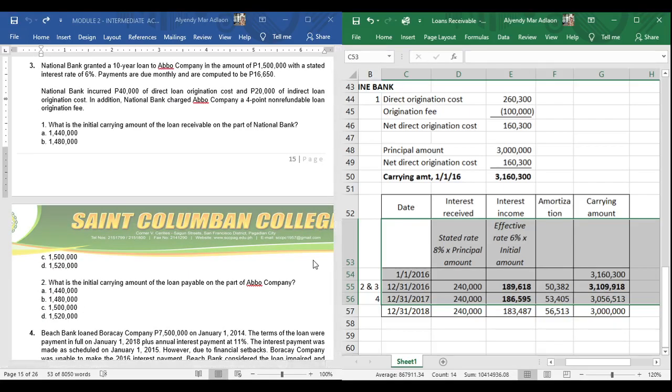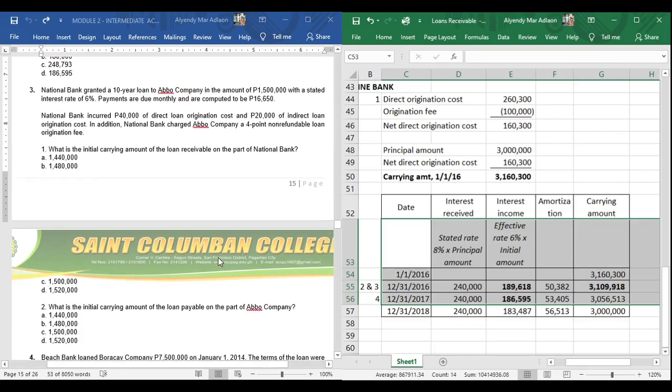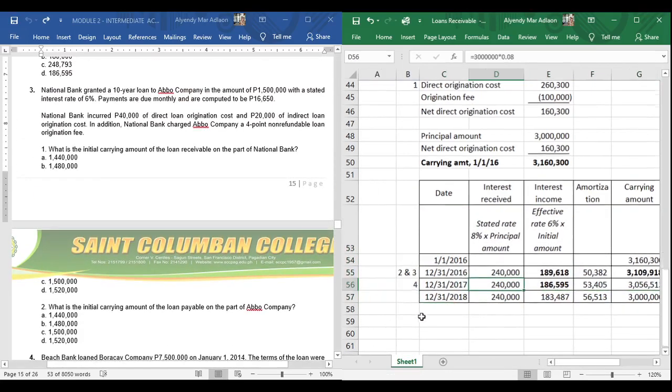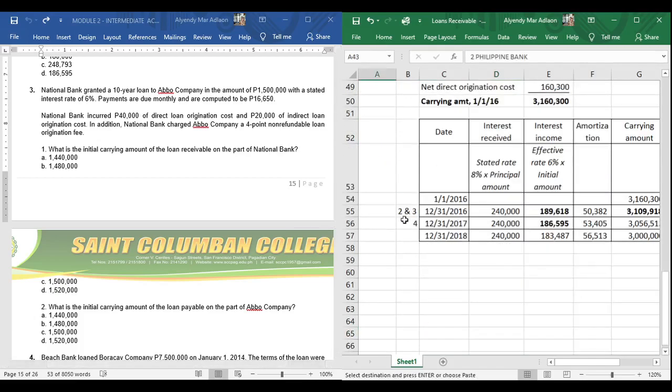We have National Bank. The questions are, what is the initial carrying amount of the loan receivable on the part of the National Bank, initial measurement, and then what is the initial carrying amount of the loan payable on the part of ABO?